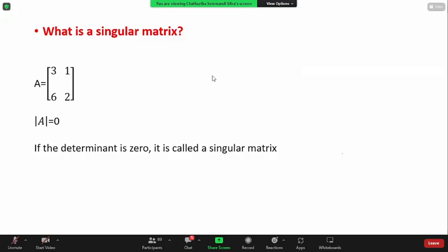So it goes to infinity, or we usually say we cannot find an inverse. The inverse is not defined. That is why it is important to know the singularity of a matrix. If someone says a matrix is singular, one thing that happens is we can't find an inverse.